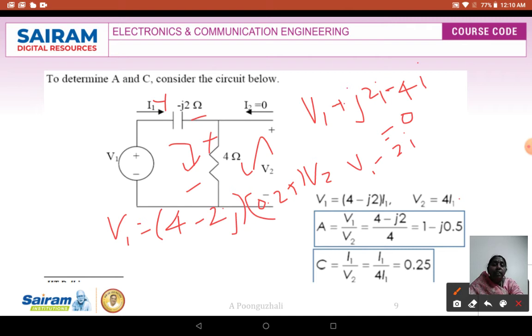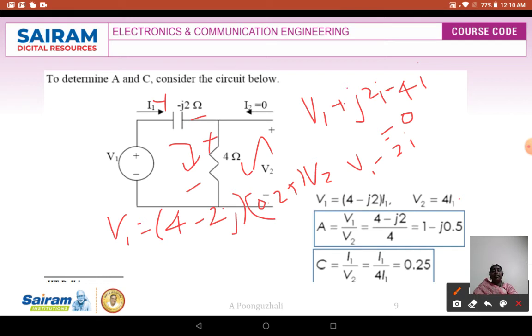So we have got a 0.25 V2. So now you can simplify it and find out what is your equation in terms of your reverse voltage gain. So A is equal to V1 by V2. That is nothing but 4 minus J2 divided by your I1 is 1 by 4. So here if I simplify it, it is going to be 1 minus J0.5.